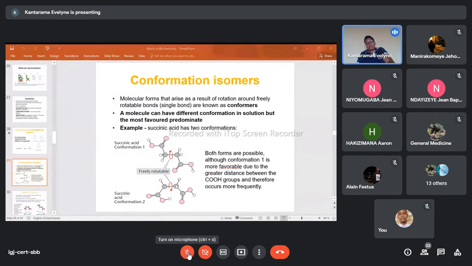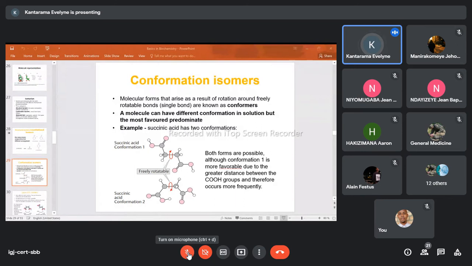The single bond has this flexibility of rotation. The single bond can rotate. In this rotation, it can form different forms of molecules. But the most stable one is the one which will exist.